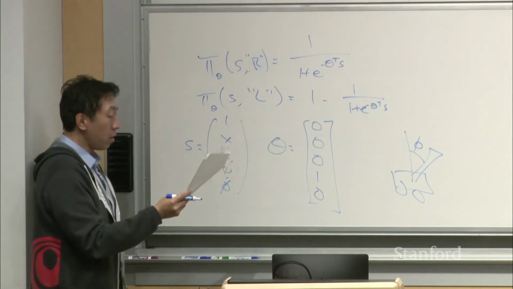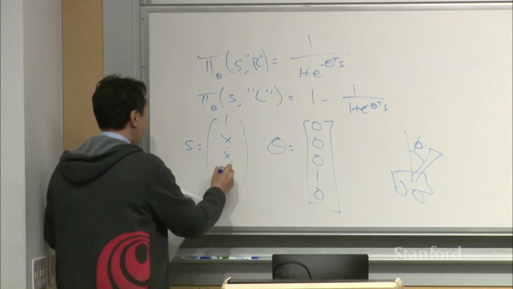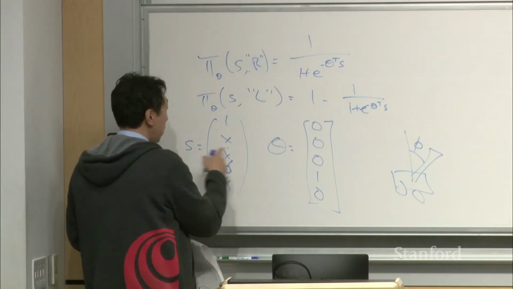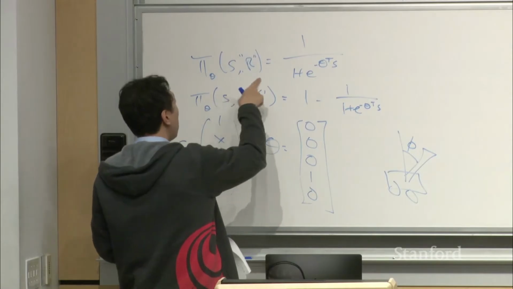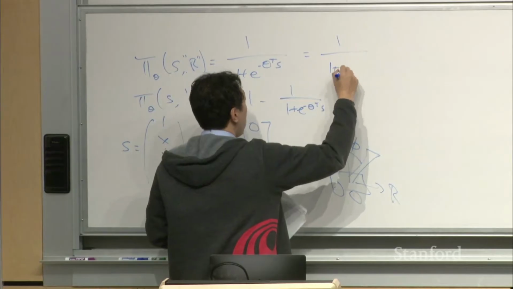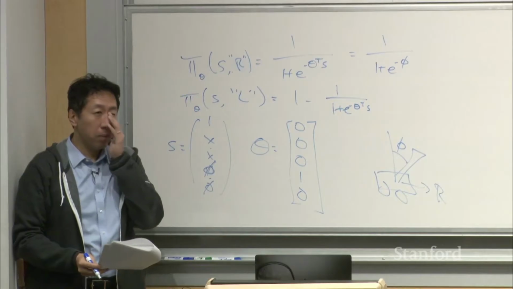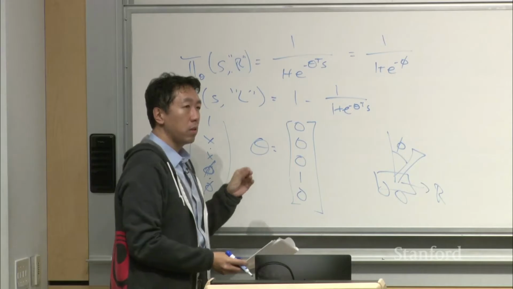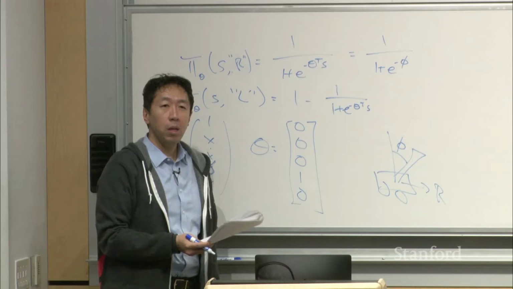So in this case, theta transpose S is just equal to phi, right? Because theta transpose S is just 1 times phi, everything else gets multiplied by 0. And so in this case, it's saying that the chance you accelerate to the right is equal to 1 over 1 plus e to the negative, how far is the pole tilted over to the right? And so this policy gives you the effect that the further the pole is tilted to the right, the more aggressively you want to accelerate to the right. Okay? So this is a very simple policy.